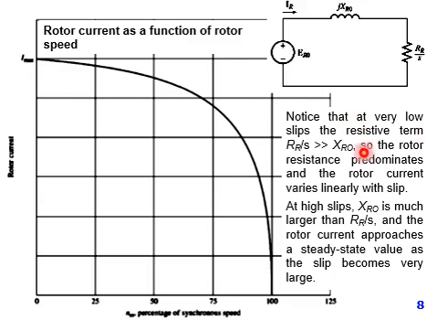Notice that at very low slips the resistive term Rr over S is very large compared to XR0. So the rotor resistance predominates and the rotor current varies linearly with slip. At high slips, XR0 is much larger than Rr over S, and the rotor current approaches a steady state value as the slip becomes very large.